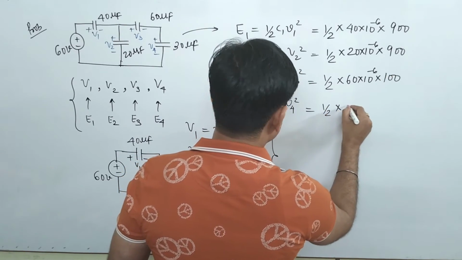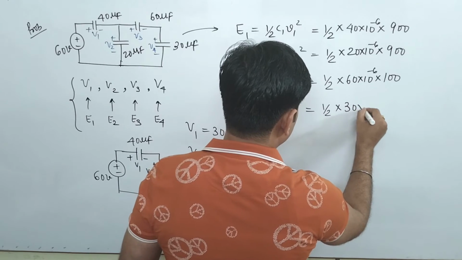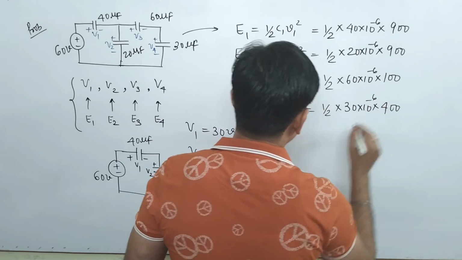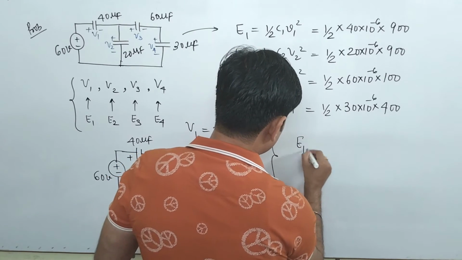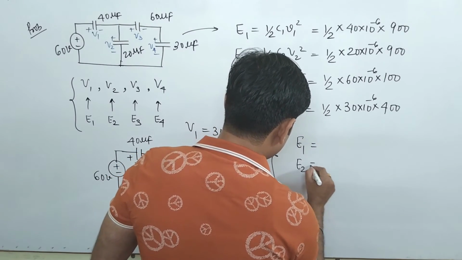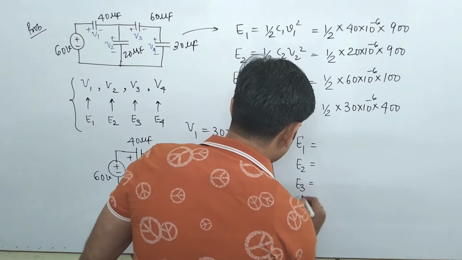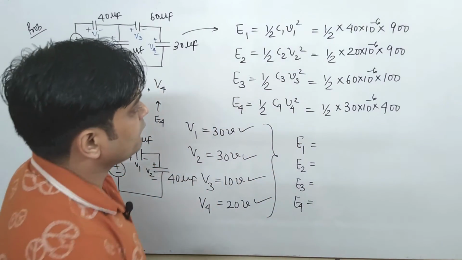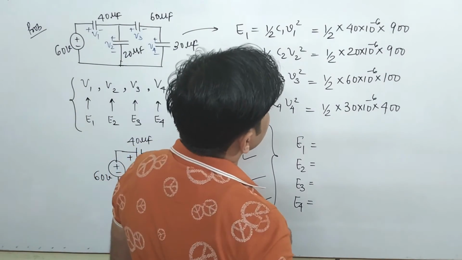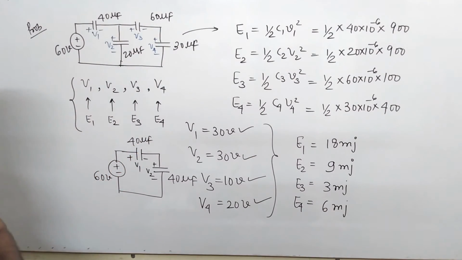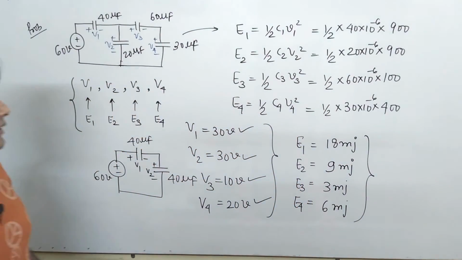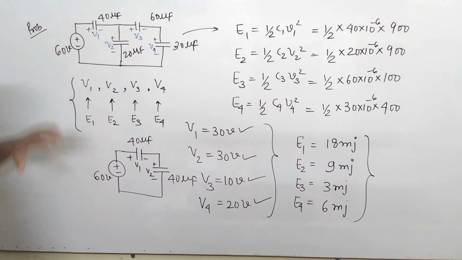This is 1 upon 2 into 30 into 10 to power minus 6 into the voltage square, 400. So from here you can find the values of E1, E2, E3, E4. These are the values of energy across the capacitors. Okay, with this the problem is finished. You just have to understand the concepts.